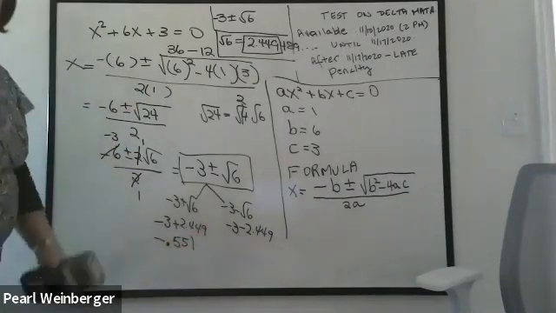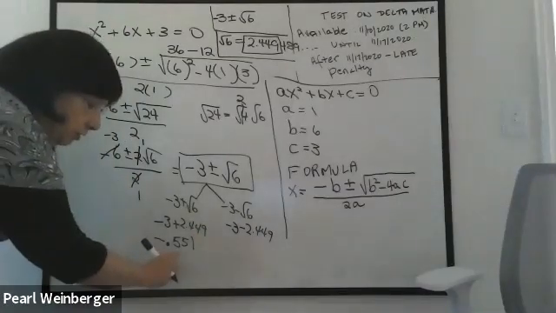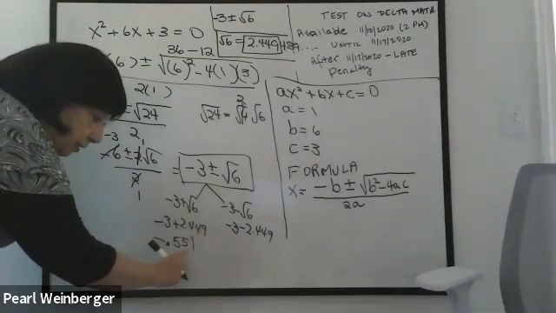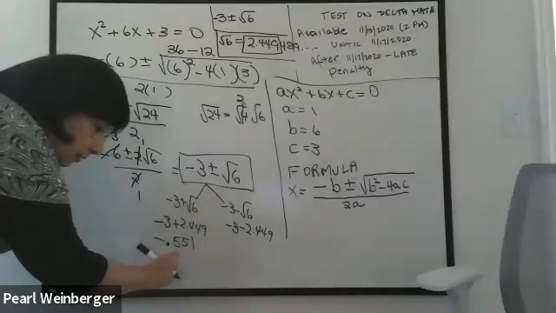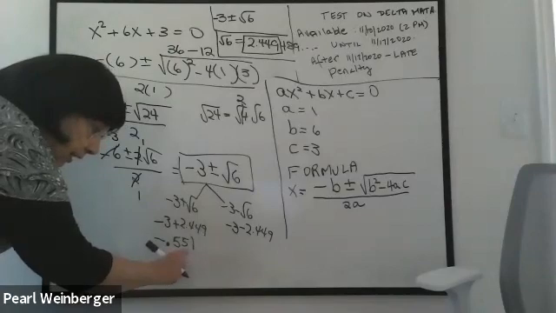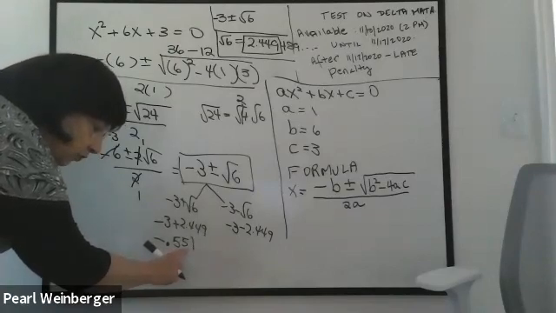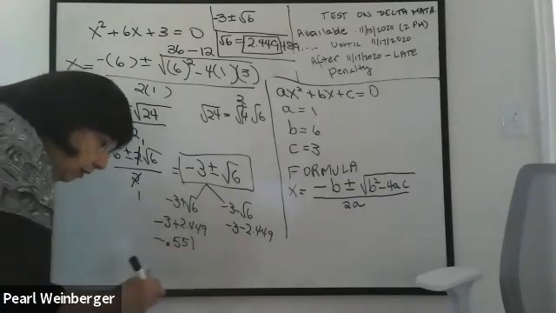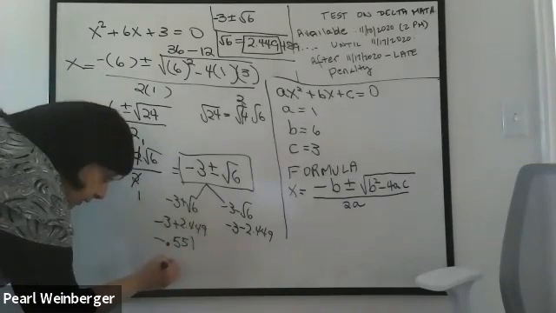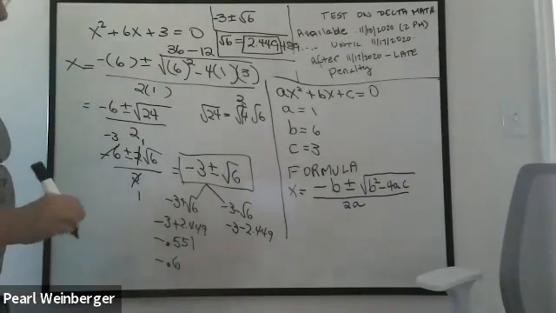But remember, I told you I wanted to round it to the nearest 10th. So I look at the second digit after the decimal. If that is 5 or more, I have to make my number before it higher. So this becomes -0.6.